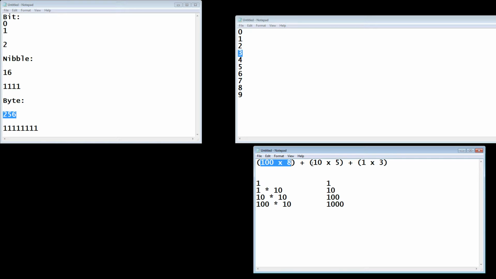All right, so what do we have here? We have 853. All right, so we've used this system to get a number that we can read and understand here.